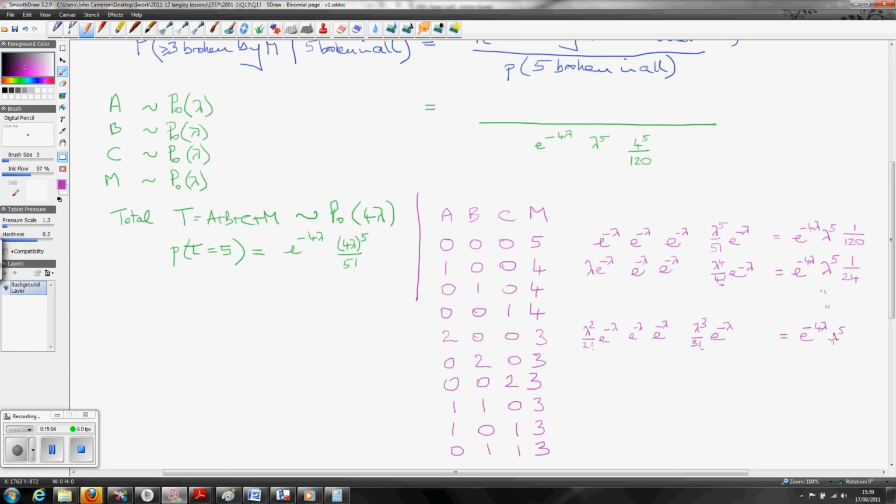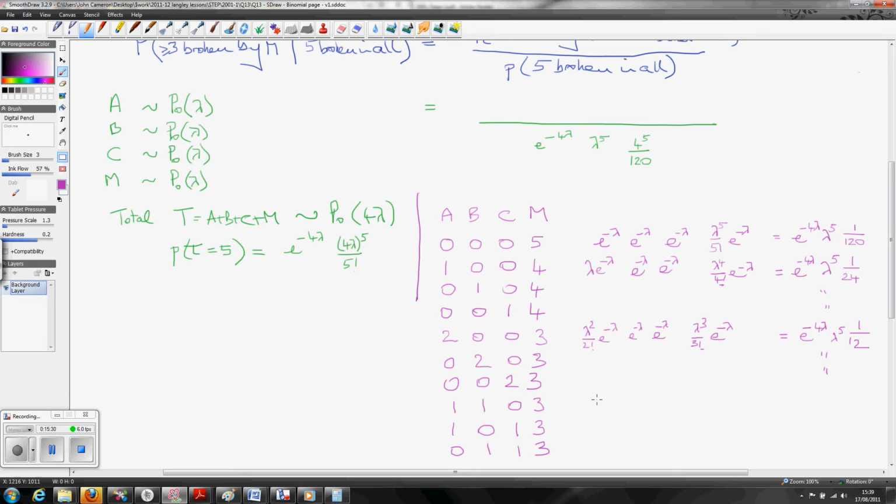and then there's a fraction here, which is 1 over 2 factorial times 3 factorial, which is 1 over, well, 2 times 6, which is 12. And the 2003 possibility is the same probability as the 0203 probability, and the 0023 probability. So I've actually just got one more to work out.